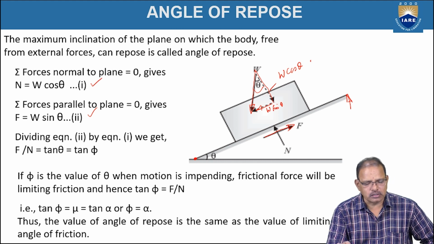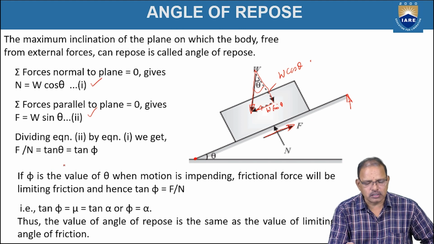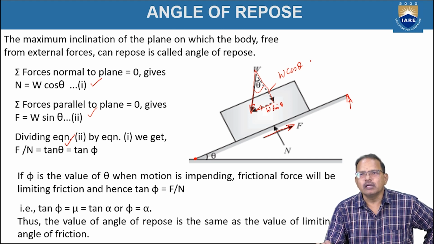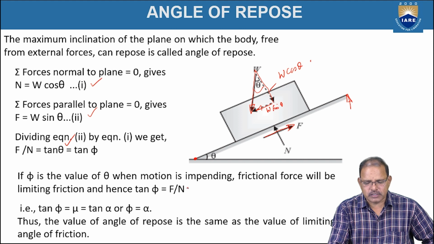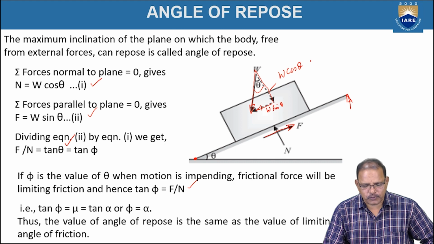Dividing equation 1 by 2, we get F by N equals tan theta, which is also equal to tan phi, where phi is the value of theta. When the motion is impending, the friction force will be the limiting friction, and hence tan phi equals F by N. Thus, the angle of repose is the same as the value of the limiting angle of friction.